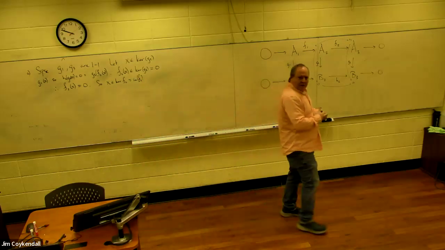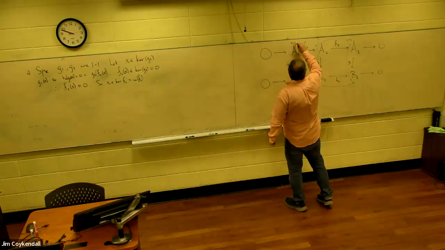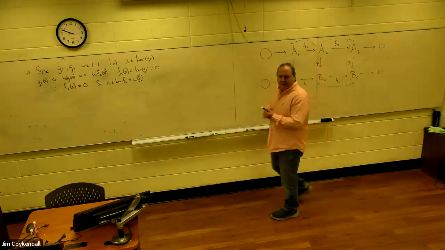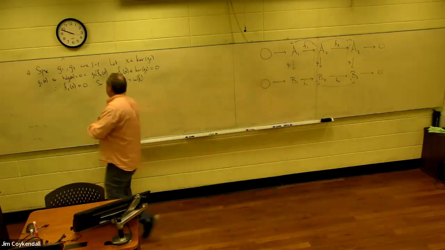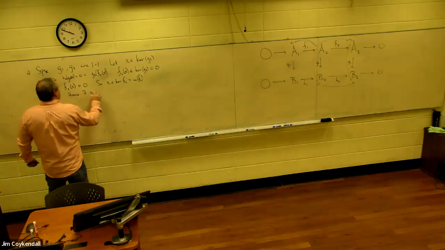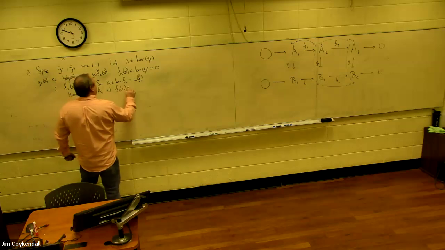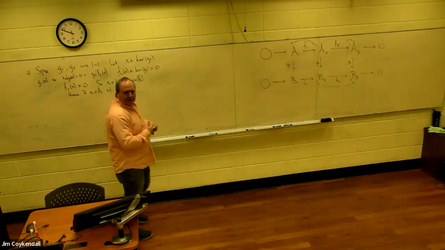So I don't know much, but I do know that there is something, say A1, that goes to X. Hence, there exists a capital A1 such that F1 A1 is equal to X.